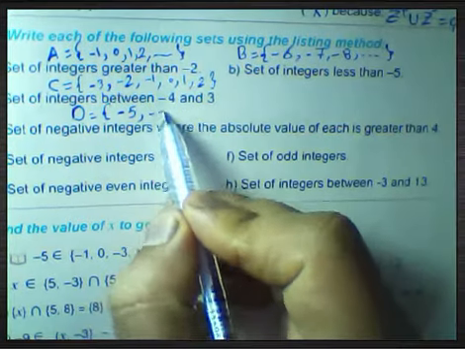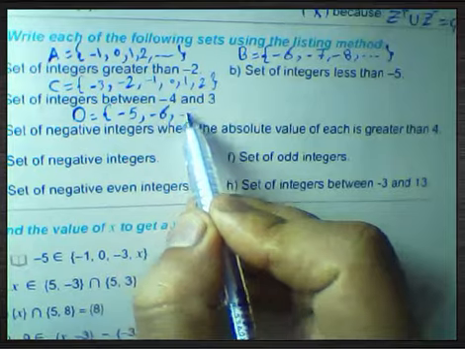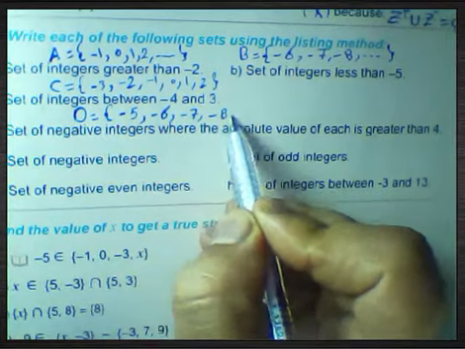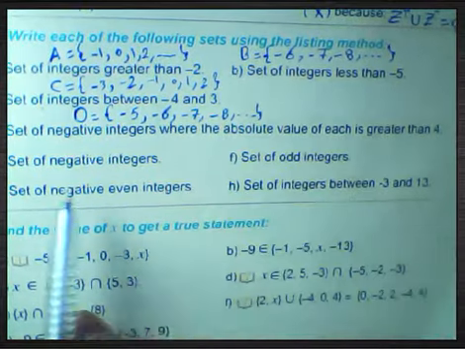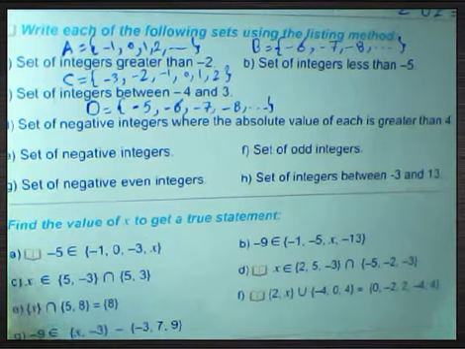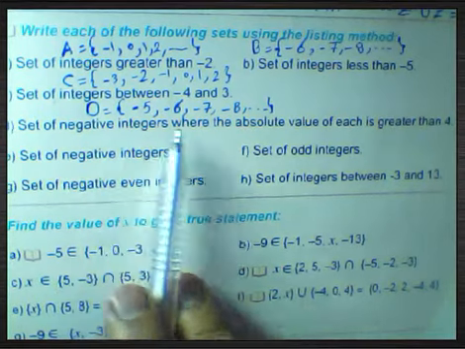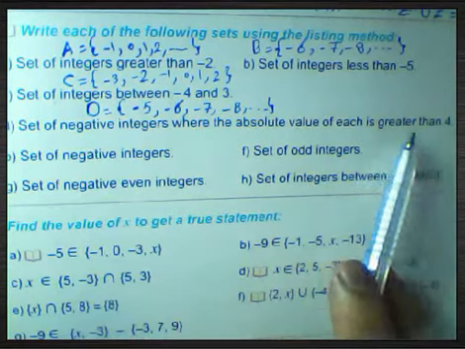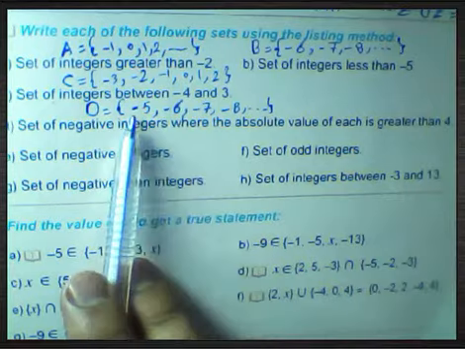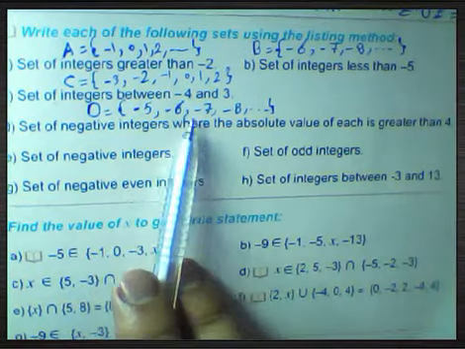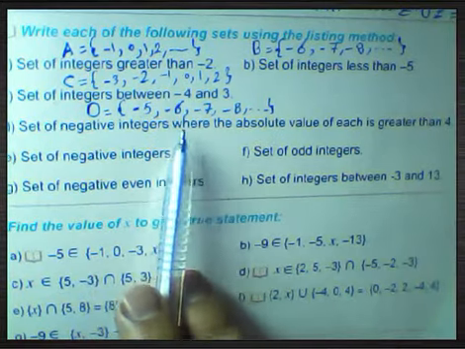Negative 5, negative 6, negative 7, negative 8, and so on, because the absolute value of each one of them is more than 4.